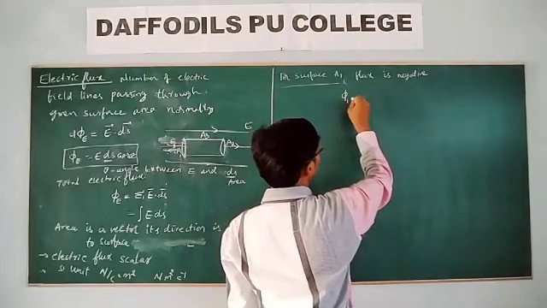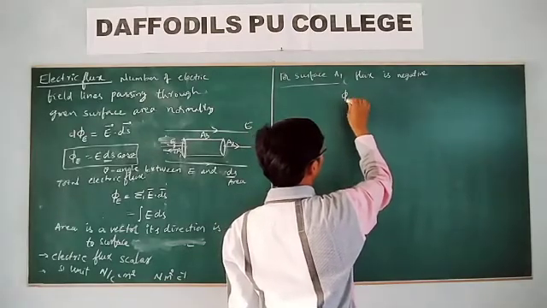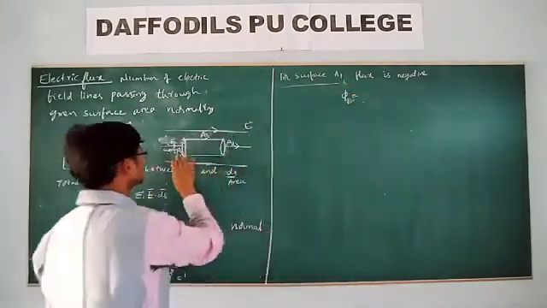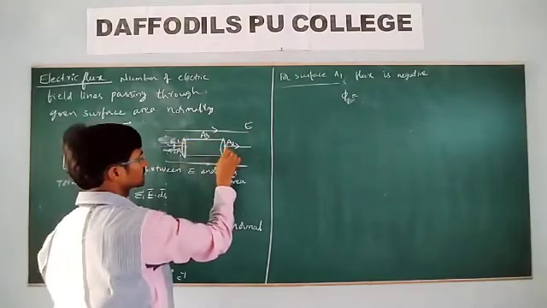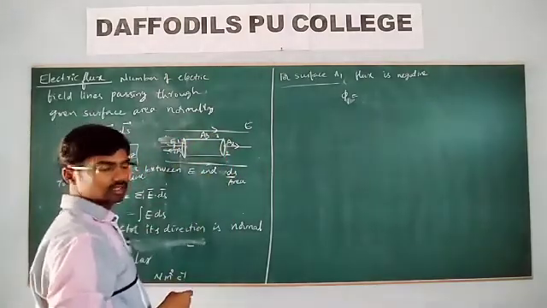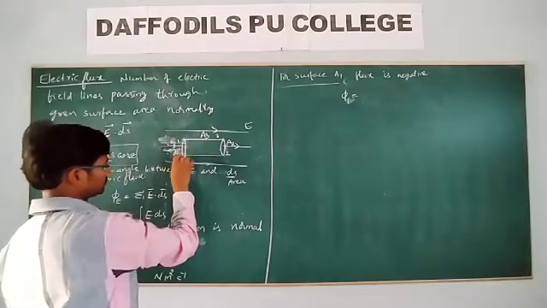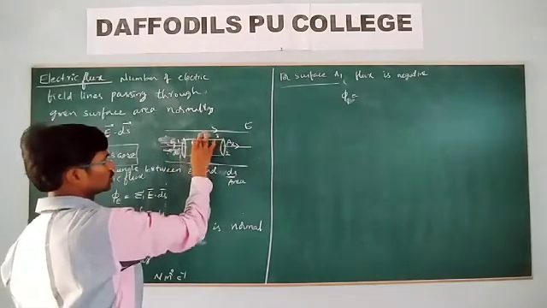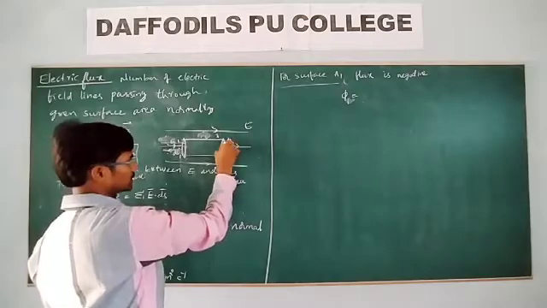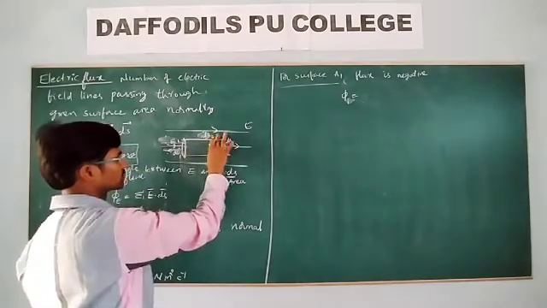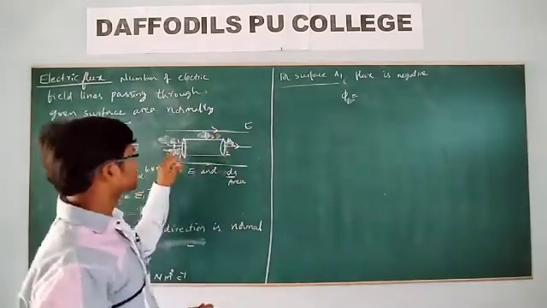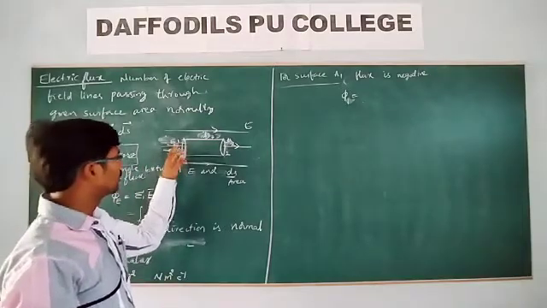Then what can you write? Flux phi1, phi2, phi3 for the first surface, second surface and third surface, with ds1, ds2, ds3. Now for the first surface, what is the flux?